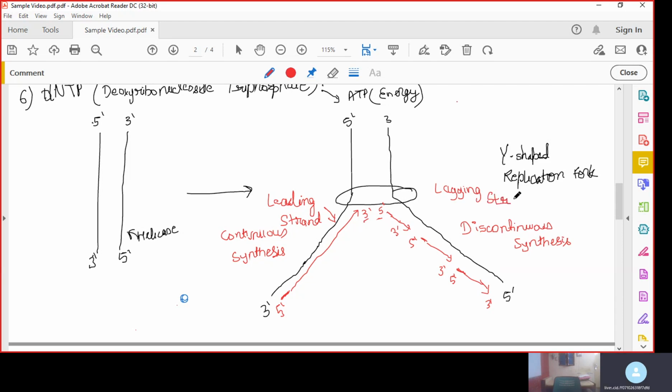DNA polymerizes discontinuously in this lagging strand. You can see these three fragments are formed. These are known as Okazaki fragments.